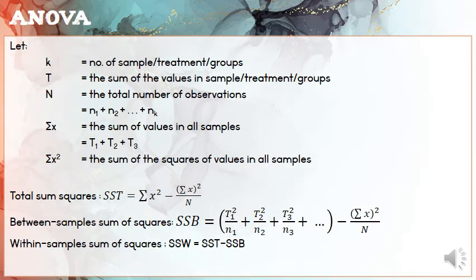So K is the number of sample ataupun the number of treatments ataupun the number of groups. Okay. If you want to compare between 5 groups, so your K is 5. Capital T is the sum of the values in each sample or groups.